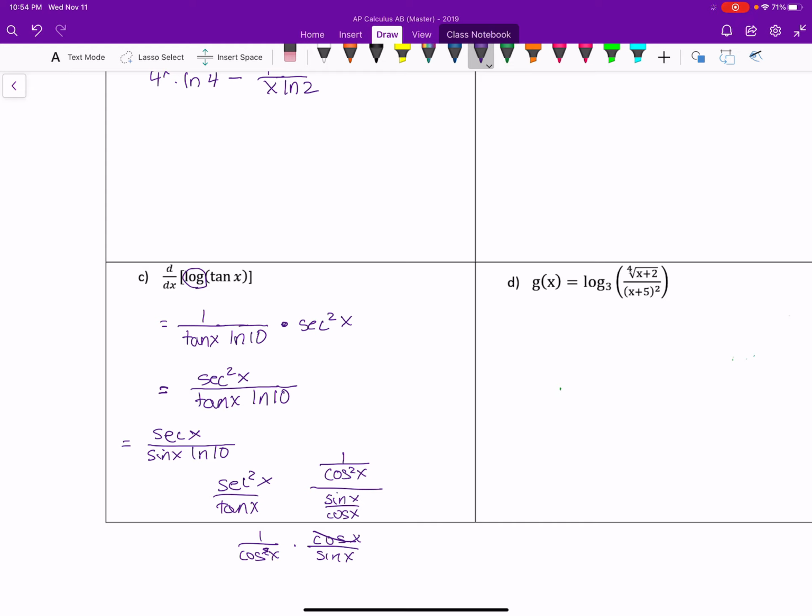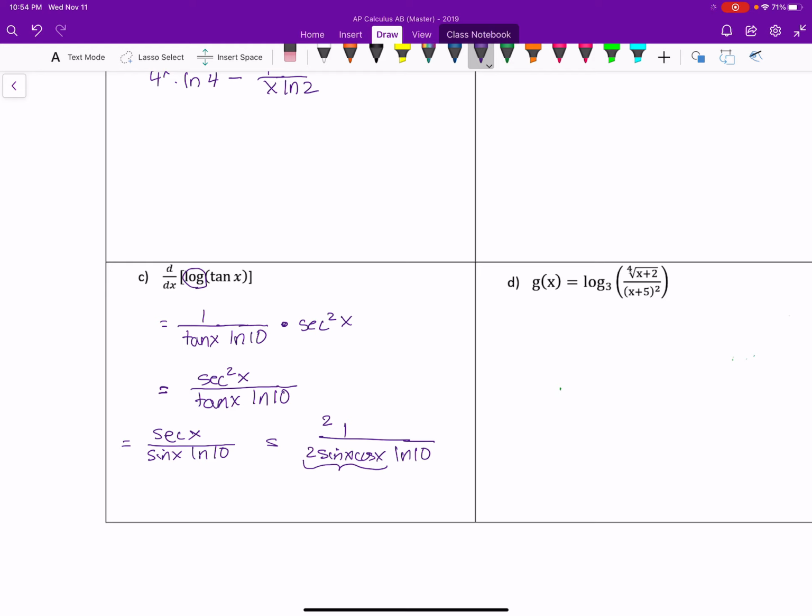Another option could be this. I'm not saying it has to be, but it could be 1 over sine of x cosine of x, natural log of 10. And if I multiplied the numerator and the denominator by 2, this here is the double angle for sine.